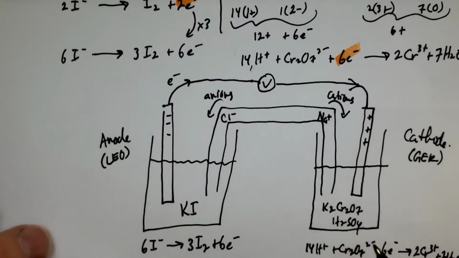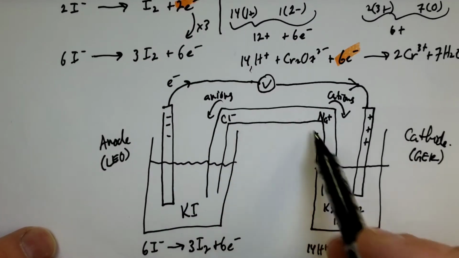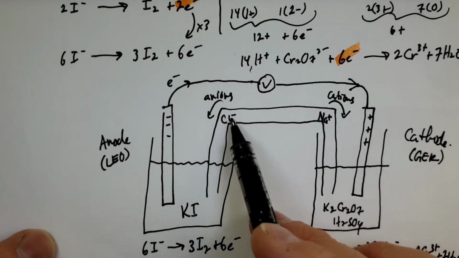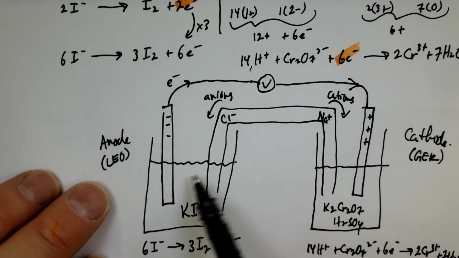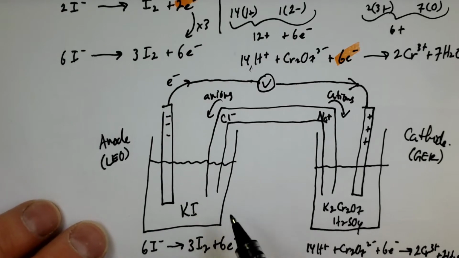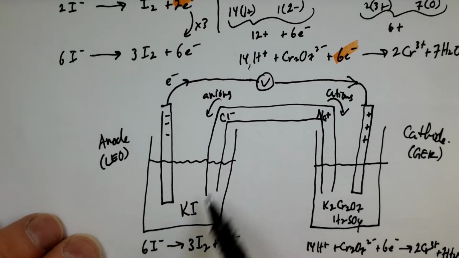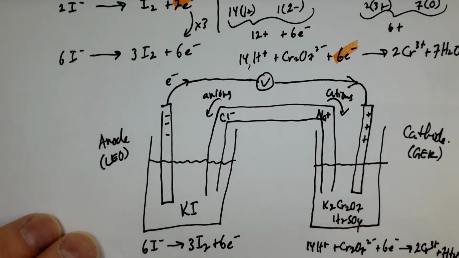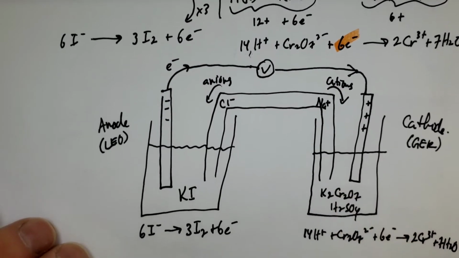So they're getting used up. And then, of course, to keep these solutions electrically neutral, we have the salt bridge. And remember, the anions need to go to the anode area where the solution is. Because what's happening there, I'm either going to be increasing positive ions or using up negative ions. So the addition of negative ions will help neutralize that, and then the opposite is true on the other side.